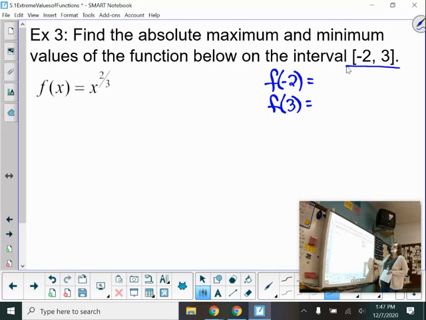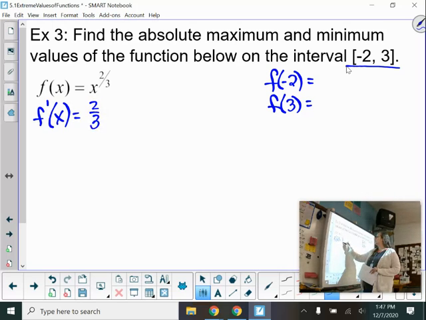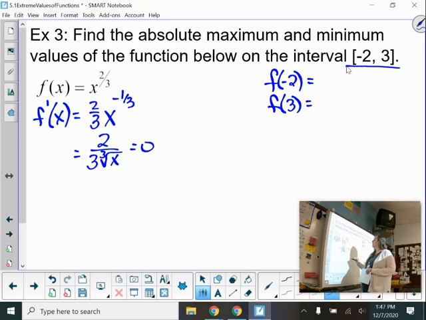To find the other possible candidates for our absolute max and absolute min, we need to take the derivative. So the derivative here is going to be 2/3 x to the -1/3 power. We would set this equal to 0, and I'm actually going to rewrite this because this is 2 over 3 times the cube root of x.